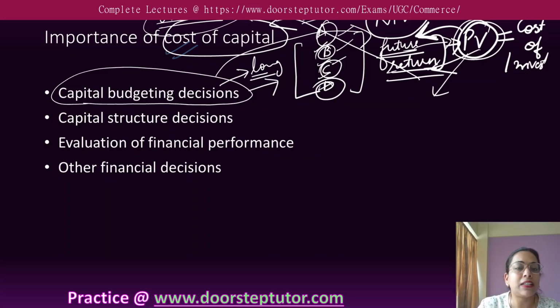Next one is capital structure decision. So what is a capital structure decision? It helps in designing the capital structure of a company. Capital structure means how much proportion of debt and equity should be there.